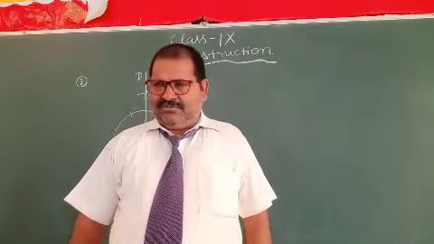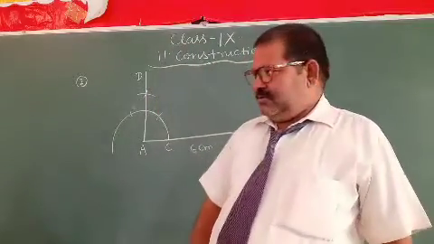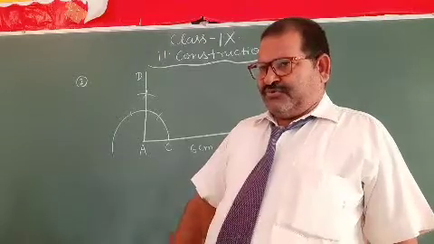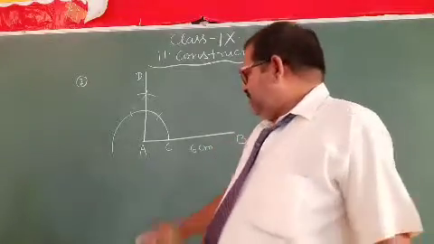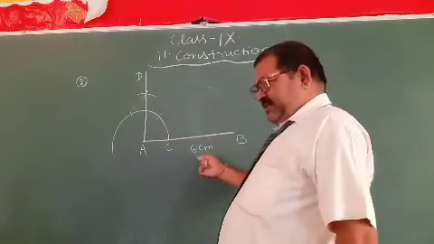Now the construction of 45 degree: so we first draw a line segment AB, 6 centimeter.